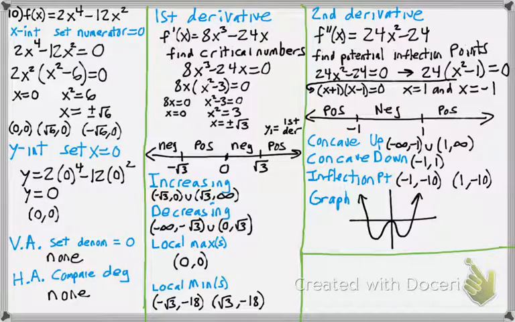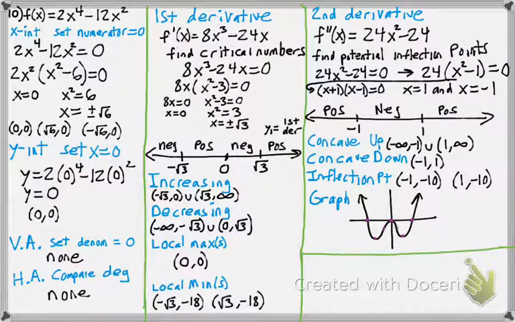So we have our intercepts. Let me try to mark some of these. Our intercepts are right here, and here, and here. That's also a maximum. Our minimums are right here and here, and our inflection points are right here and here.